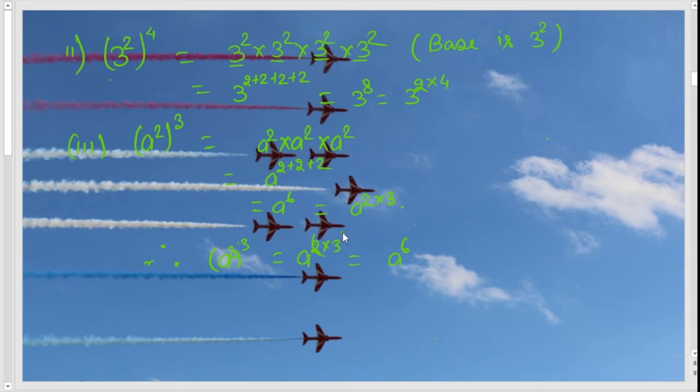So, exponents are multiplied. When the base is same and it is powered again, the exponents are multiplied.